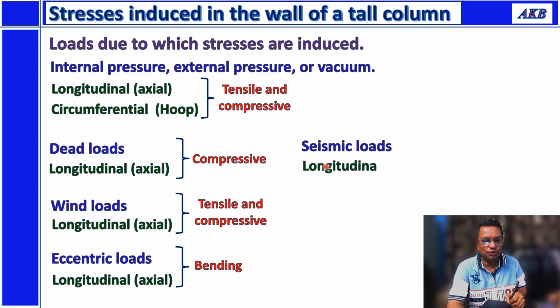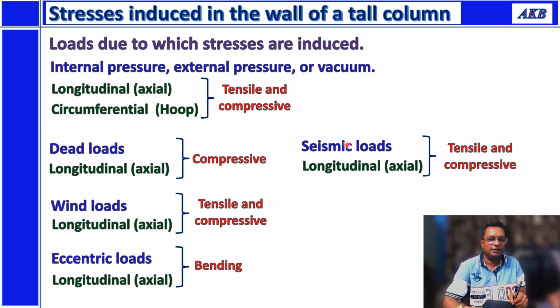And seismic loads induce longitudinal stresses, and they are both tensile and compressive. So the important loads that have to be considered while designing tall columns I have listed on this slide. I'll be discussing stresses induced due to these loads because they will be important for a typical tall column.